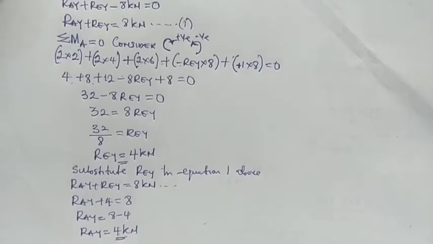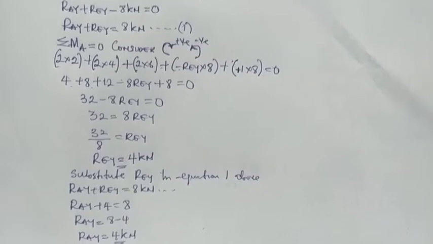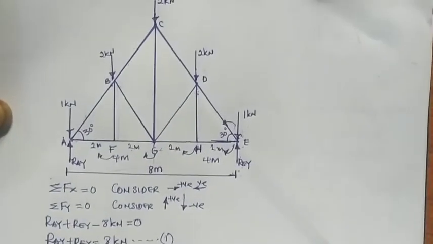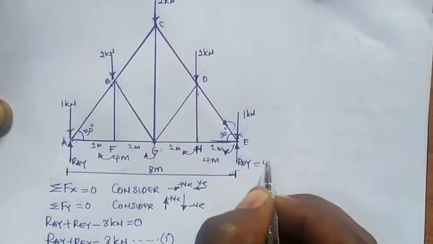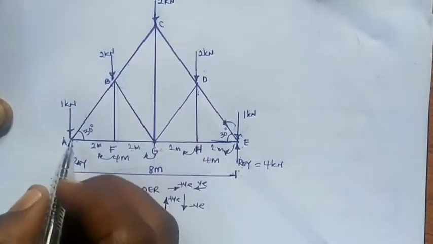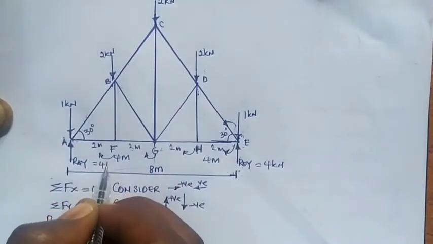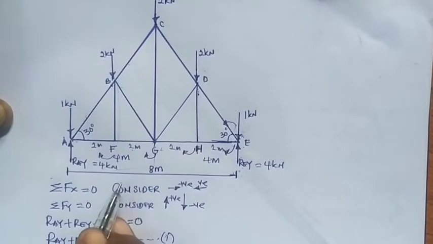So the next thing we have to do here is to calculate for each joint. I haven't gotten all the members, we've gotten this member here, REY to be equals to 4 kilonewton, and REY here to also be equals to 4 kilonewton. So we want to take each member.